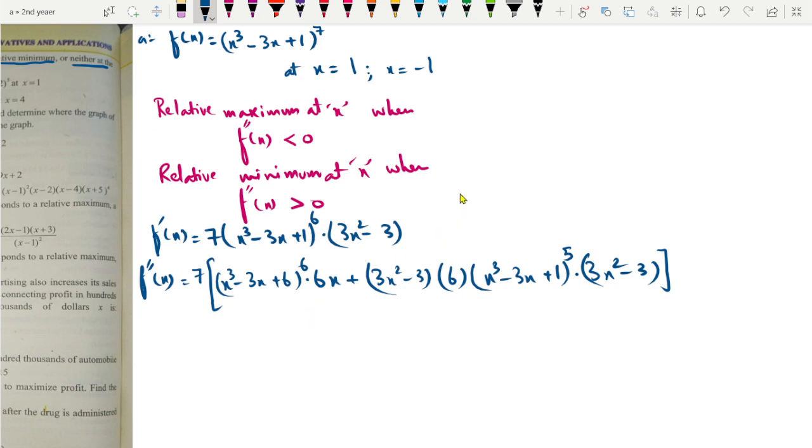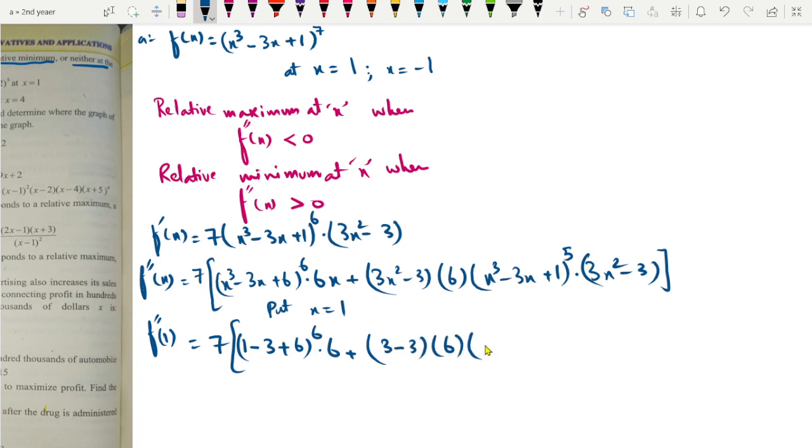Put x equal to 1 in this equation. You will find f double prime of 1 is equal to 7 (1 minus 3 plus 1)^6 dot (6 plus 3) minus 3 into 6 into (1 minus 3 plus 1)^5, and this will become 3 minus 3. So this is 0, so all of this becomes 0.